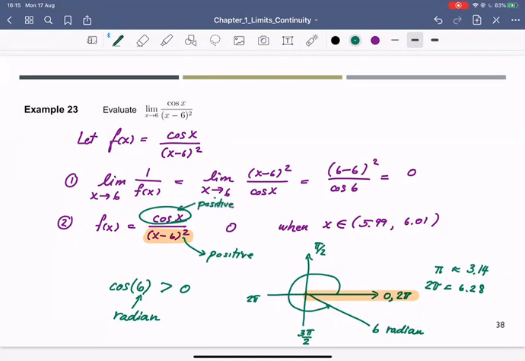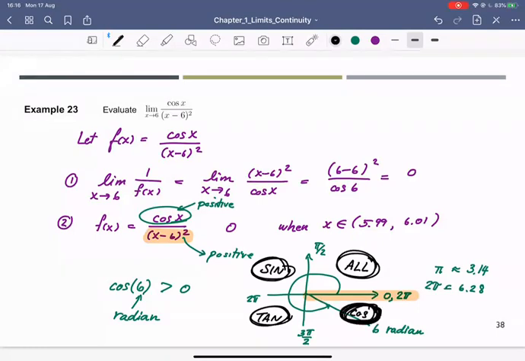If you remember, when we learned trigonometry, this is sine, this is tan, this is cos. Add sugar to coffee, or all students take calculus, whatever you learned in high school. But anyway, 6 radians is in quadrant number 4, so cosine must be positive.